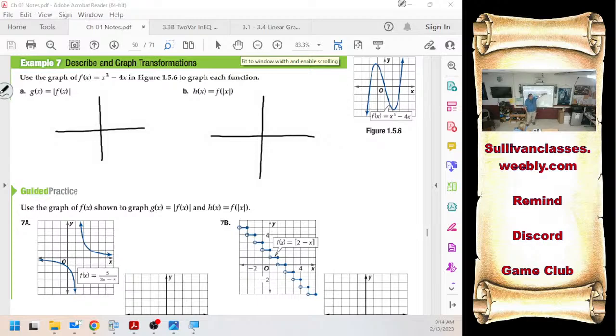Take a look at this guy. All the y's become positive. So this is still here, but now this part doesn't exist. This part doesn't exist. They come up here, like that.